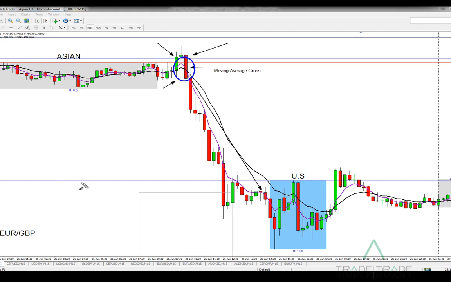Okay, so once manipulation had taken place at our identified area and we received our confirmation bar to the downside, for extra confirmation we can look towards the moving average cross of the 5 and 13, and once we see this cross occur, those more conservative traders can then pull the trigger and enter into the market.